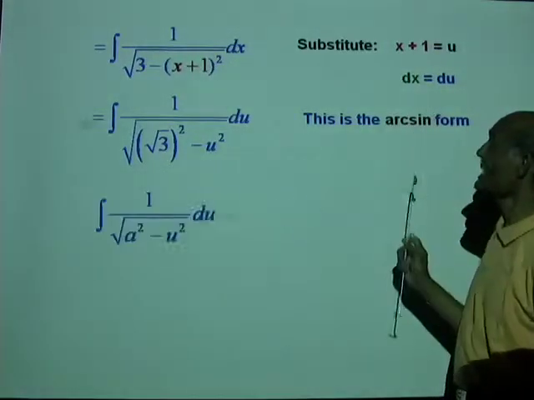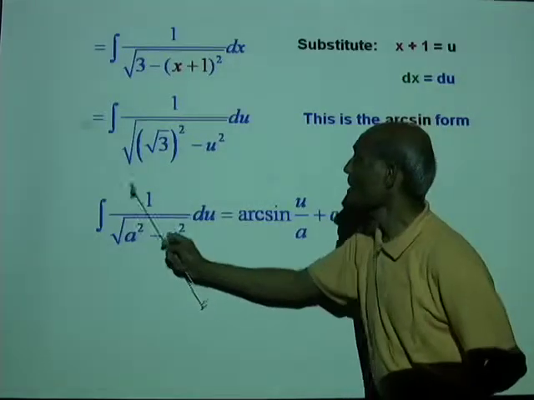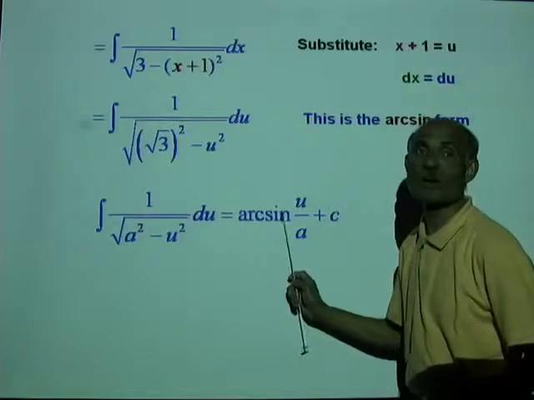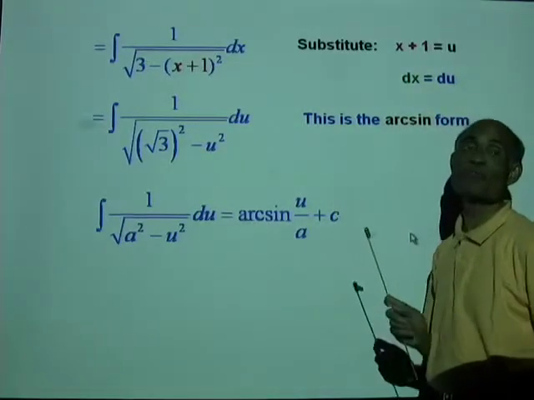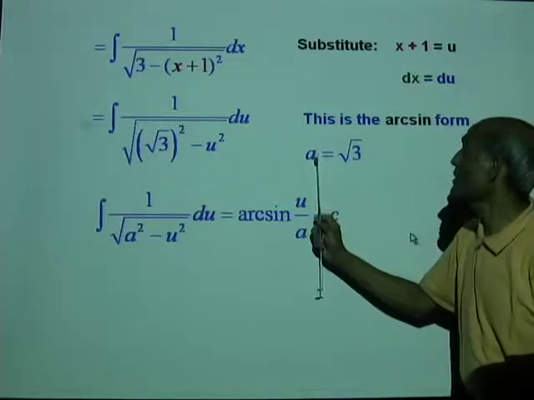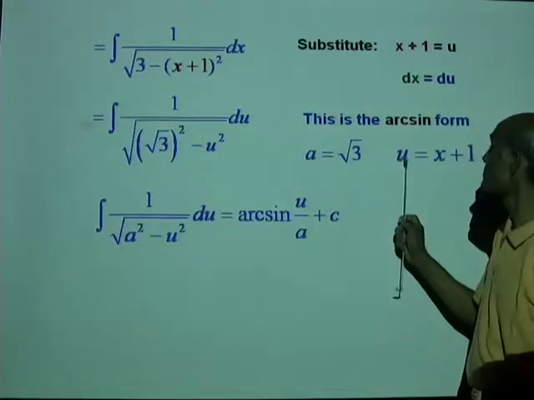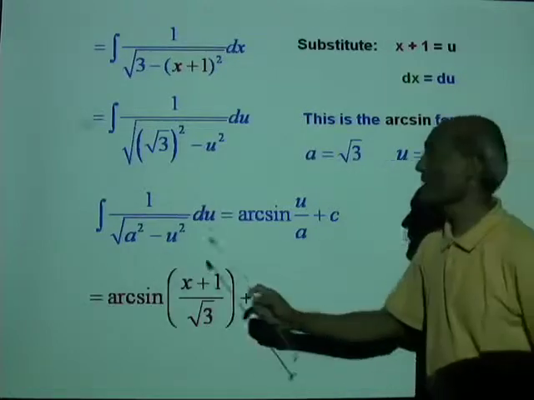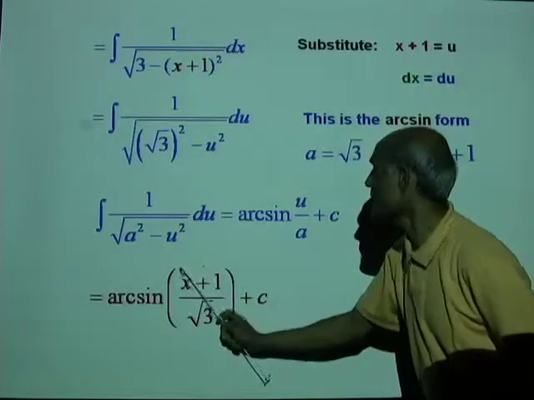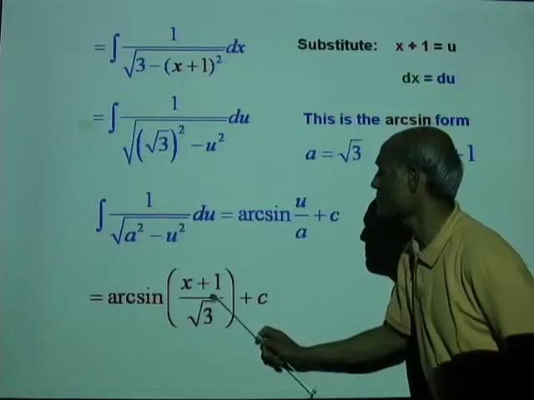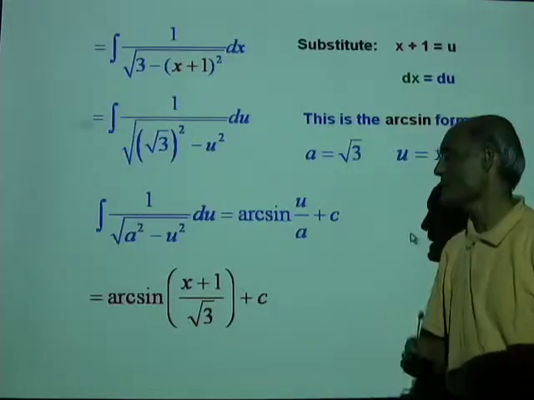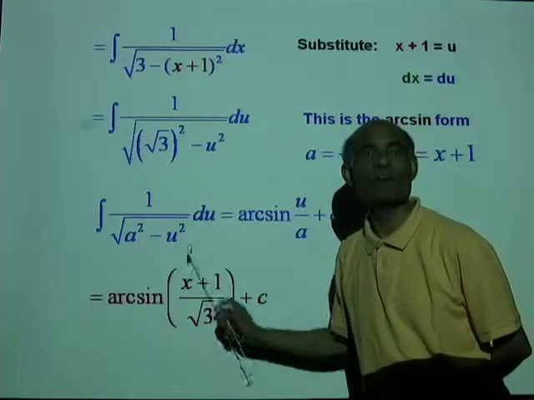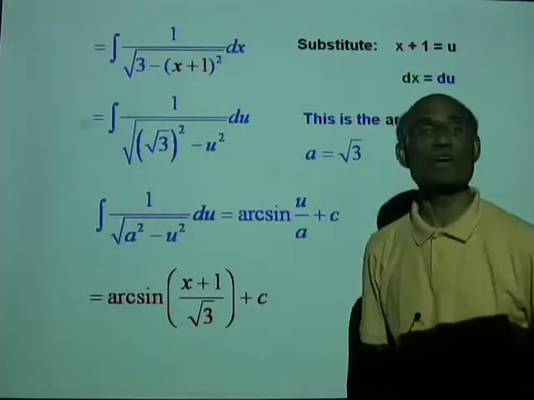So this is the arc sine form, where a equals square root of 3 and u equals x plus 1. So your answer will be arc sine u over a, x plus 1 over square root of 3, plus c. And that's a beautiful integration form, and please go back and have a look at it one more time.